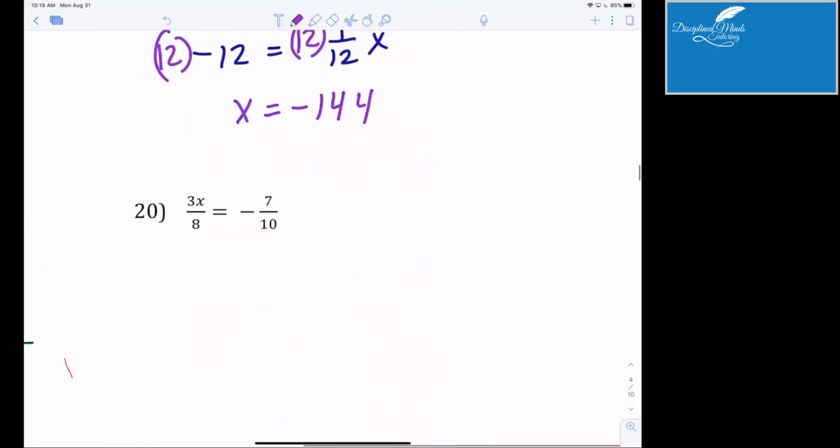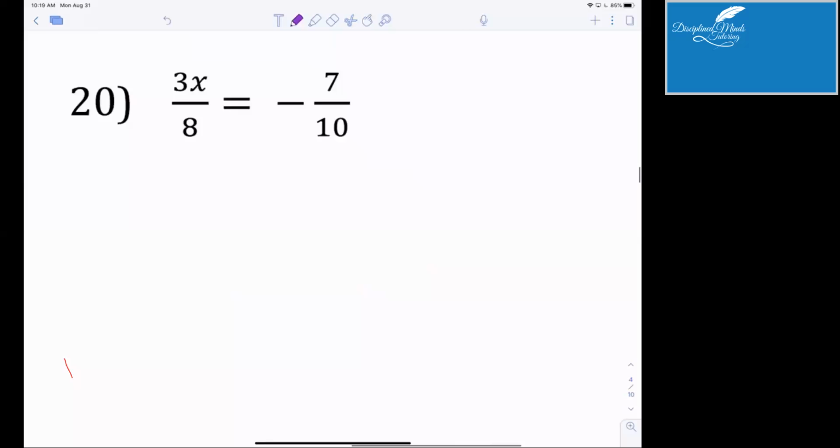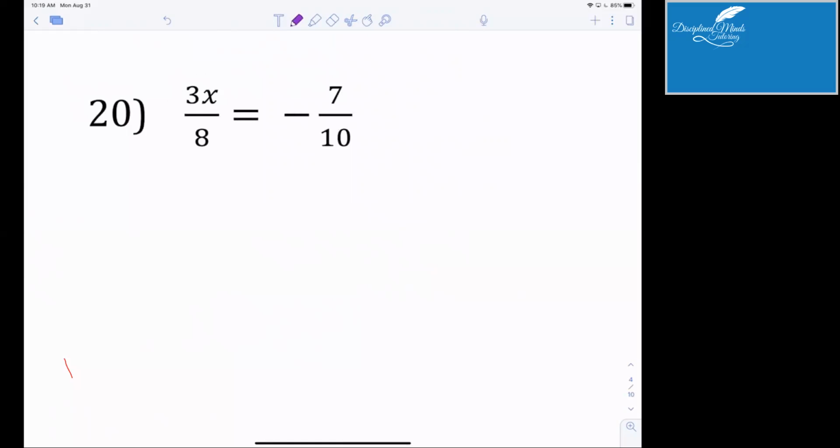All right, here we go. Let's try 20. Again, I'm trying to throw you off a little bit here. It's a fraction. How do I undo a fraction again? Again, we're just practicing multiplying by the reciprocal. 8 over 3. These guys cancel.